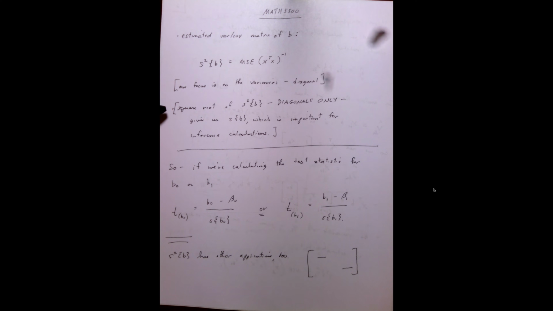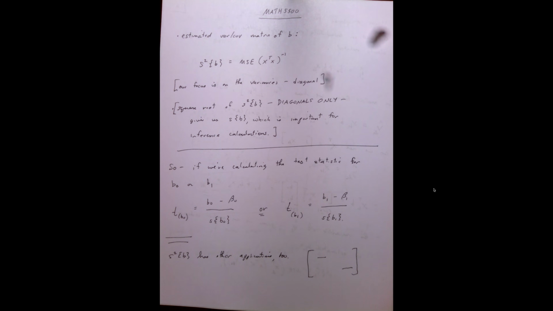Remember that if we take the square root of the values on the diagonals, and again, diagonals only, we don't take the square root of the covariances, the off-diagonal elements. I think I've had students do that previously, so that's why I'm putting an emphasis on that here. If we take the square root of the diagonals, it gives us the standard error, which is important for inference calculations.